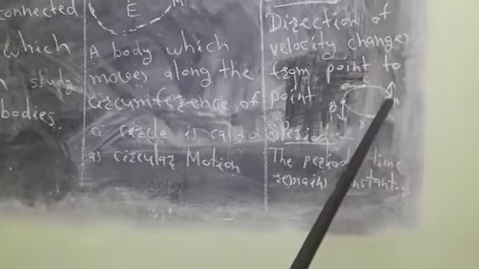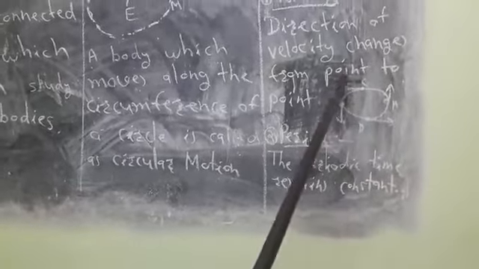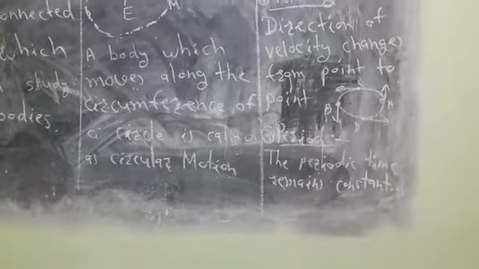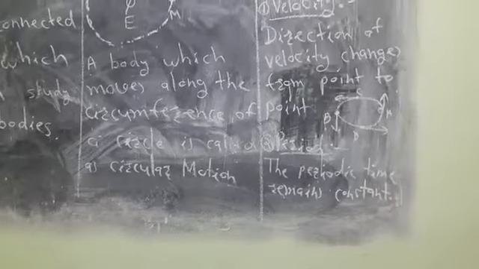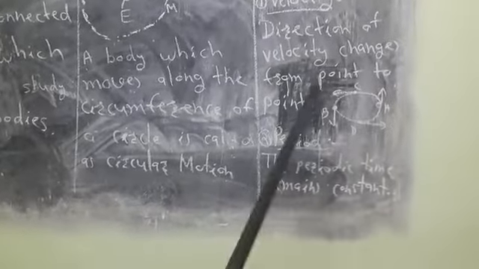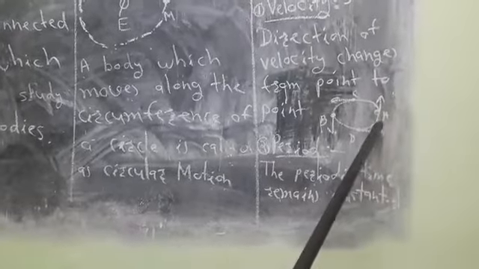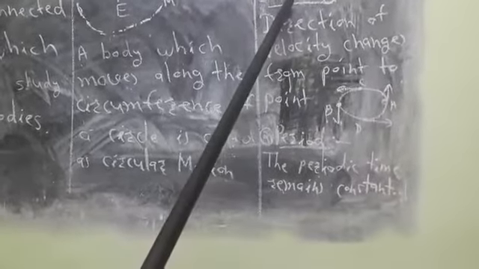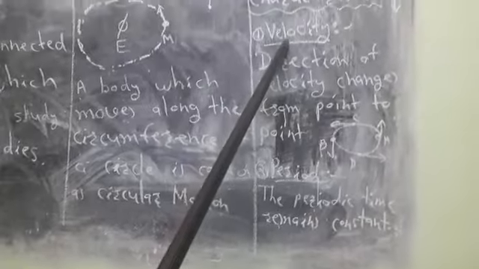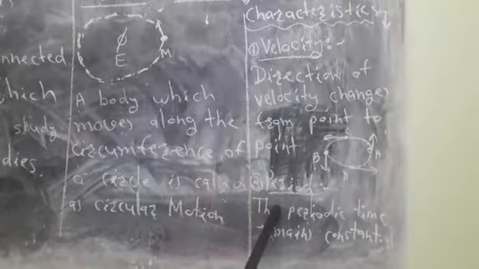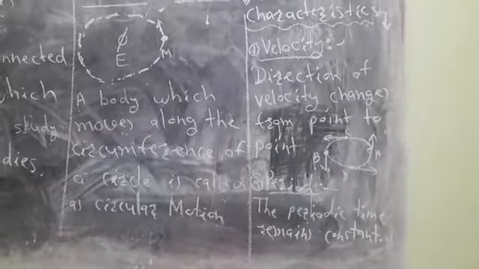Suppose a typical body completes one circulation in 1 second. So we can say that in the next 1 second, the body will also cover the same distance, the same circular path, and come to the same point. So 2 points are important: the direction of velocity changes, and the periodic time of circular motion remains unchanged.